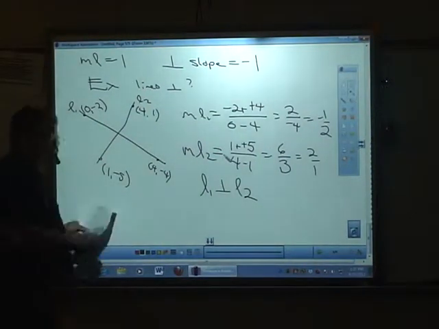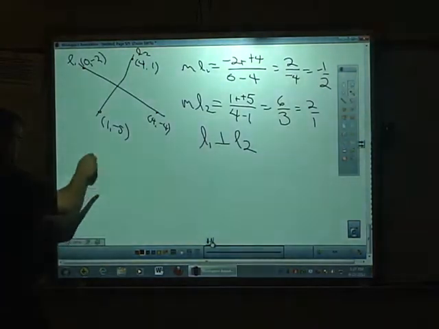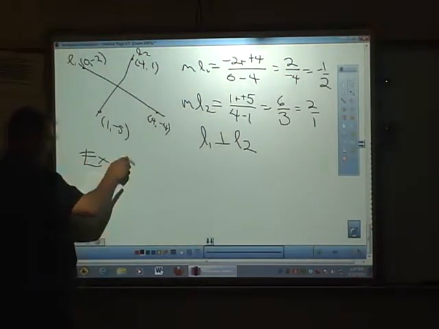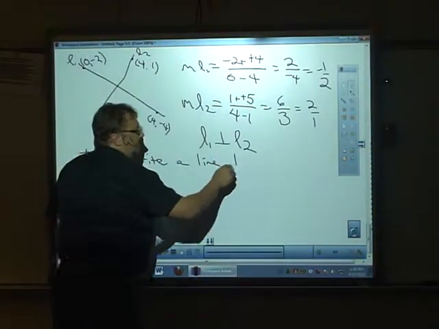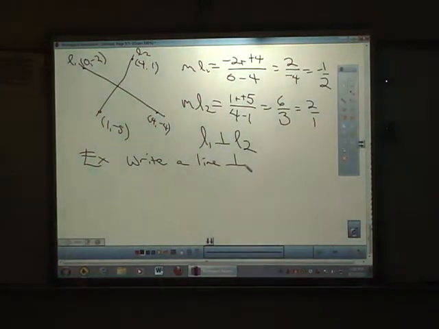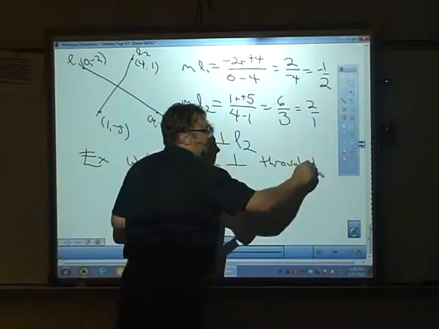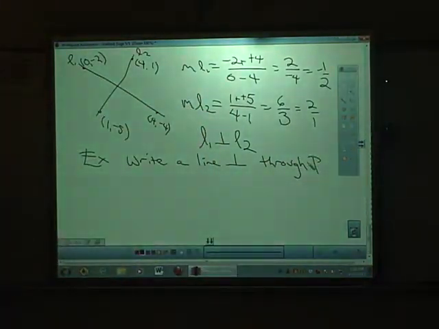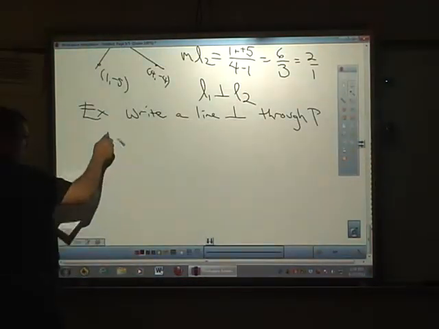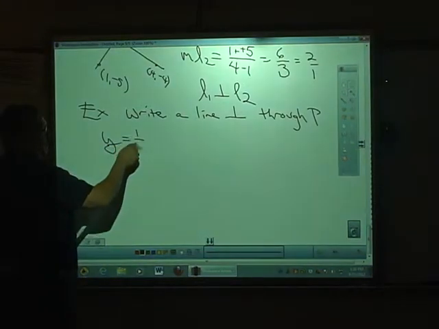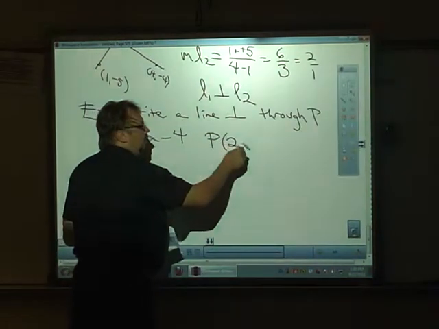Let's do one more type of question like this just to make sure you know, because some of these will be very similar to your homework. I want to start with: write a line perpendicular through the point that's given, in this case point P. So here's my equation, y equals 1/2 x minus 4, and the point is at (2, 0).